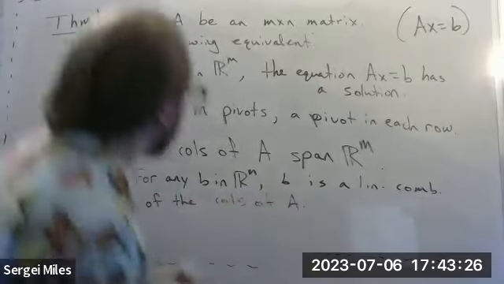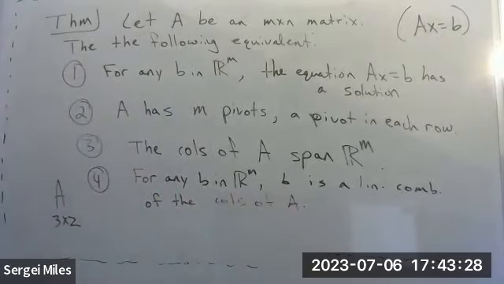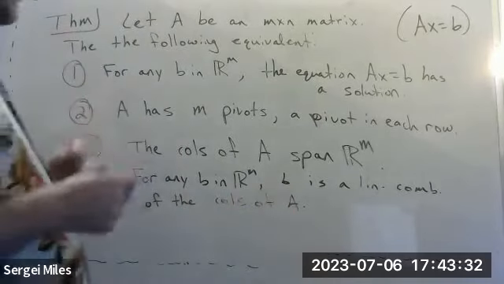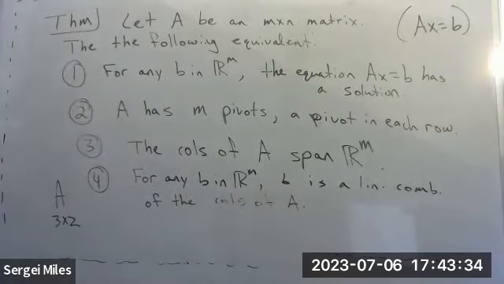So all 4 of these statements are saying the exact same thing. If one of these things happens, all of them happen. If one of them does not happen, that means all of them do not happen, right? So there's this double implication we can get going here. They're all equivalent things. So if one is true, they're all true.